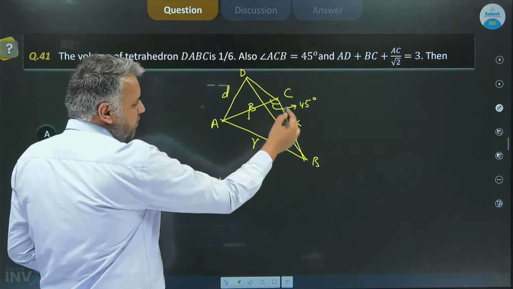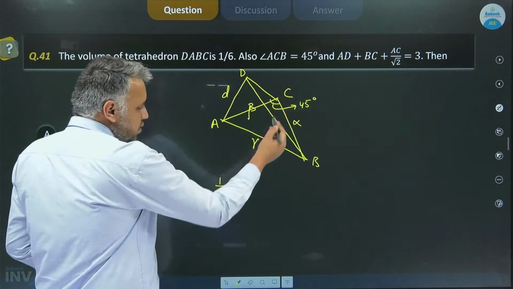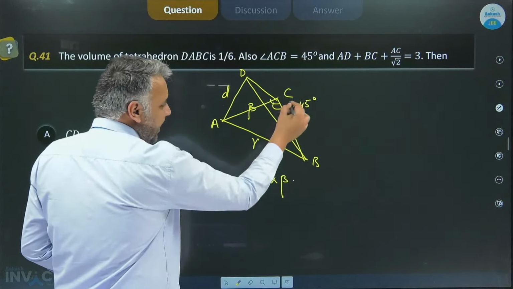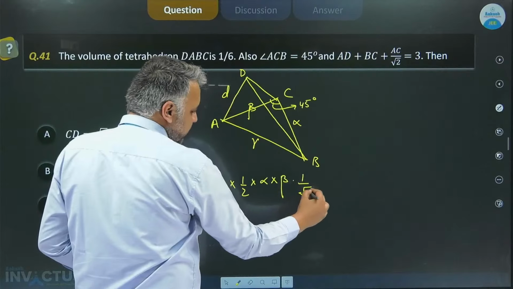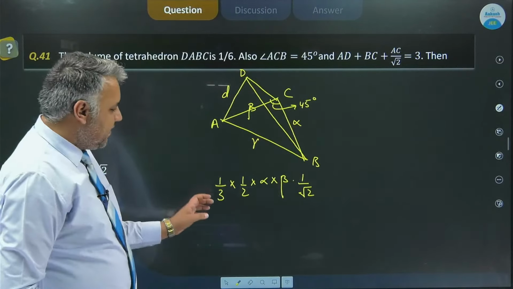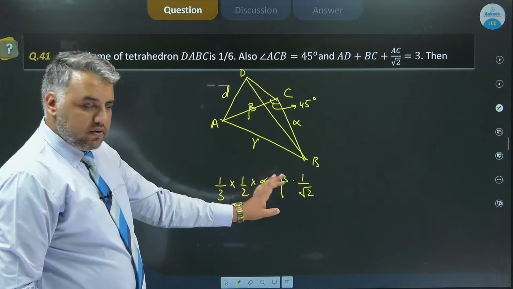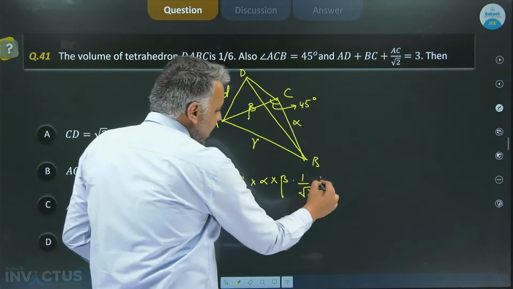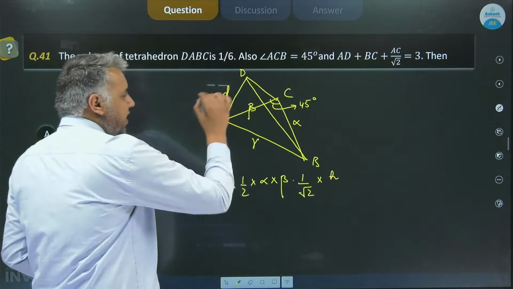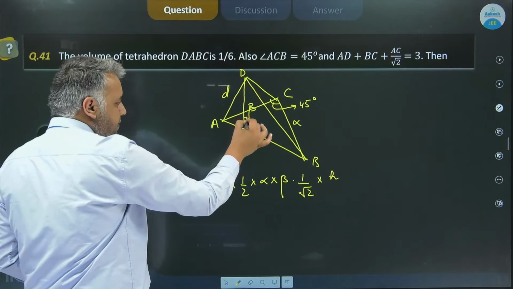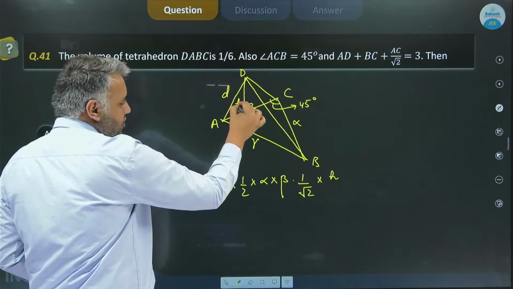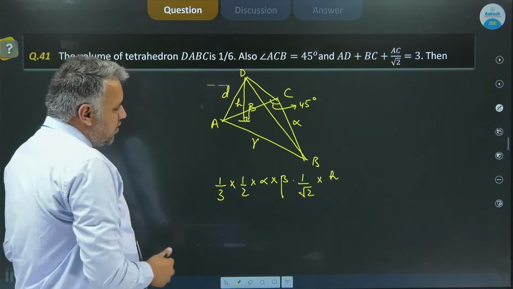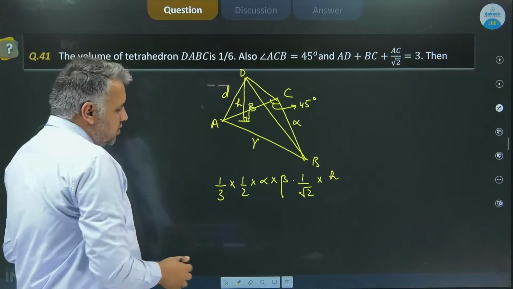So the area of base will be, we know this angle is 45 degrees, so half into alpha into beta into sine of the angle between them, that means 1/√2. So 1/3 into area of base, into height. Say the height of this tetrahedron from D on the ABC plane is h.